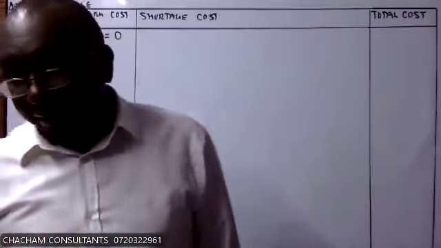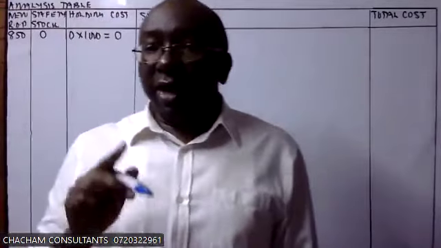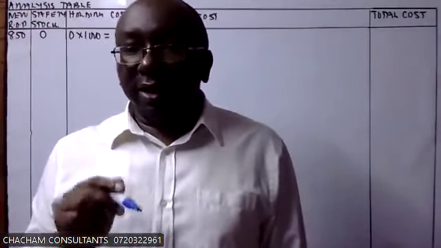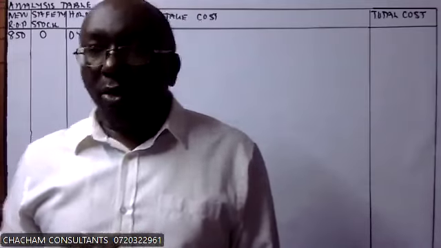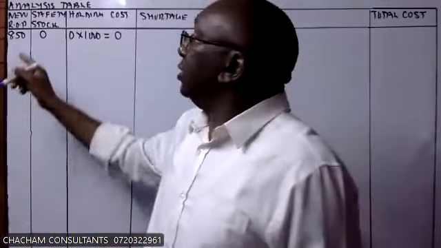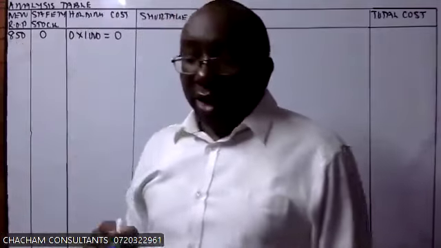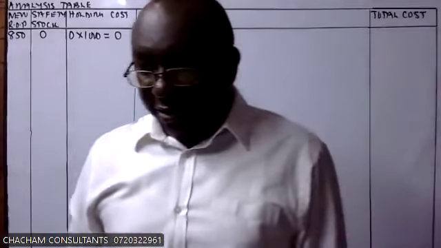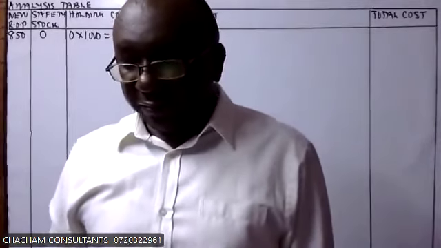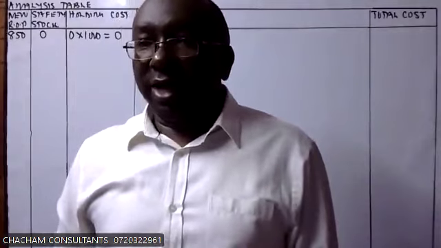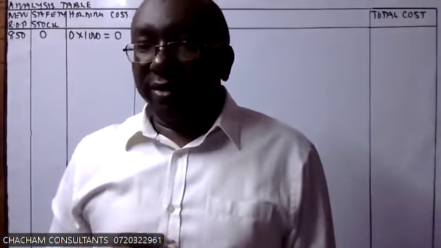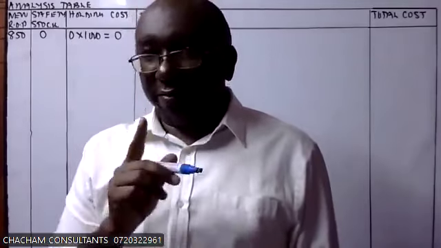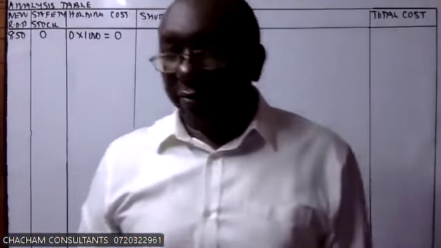We said yesterday that you can only be out of stock if demand during lead time is more than your reorder point. I want you to look at the question where we are given demand during lead time and tell me whether you can see any demand that is more than 850. And if you can, tell me the first one from that table.